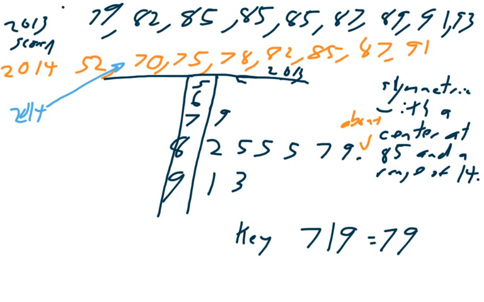So we got 52, 70, 75, 78, 82, 85, 87, and 91.